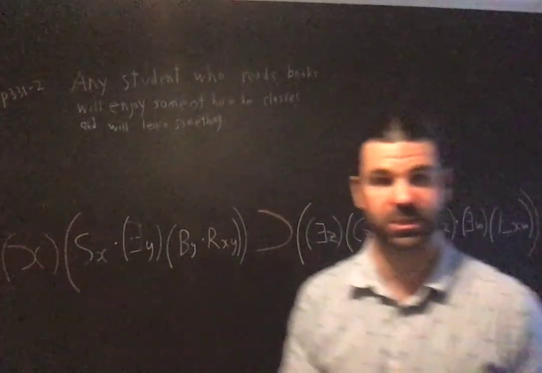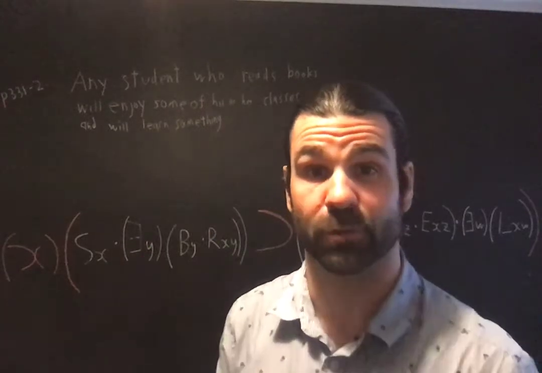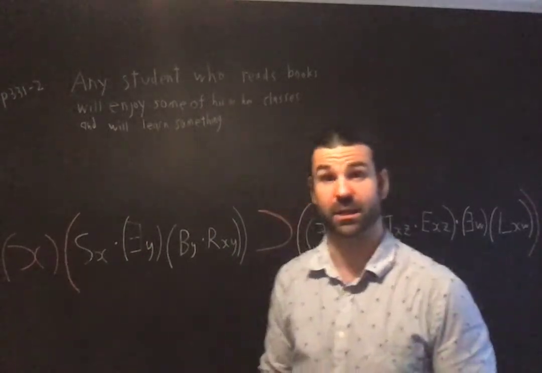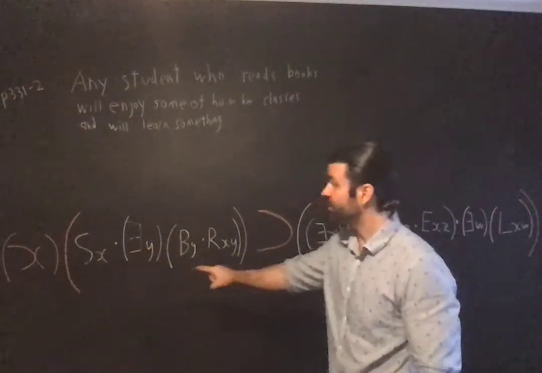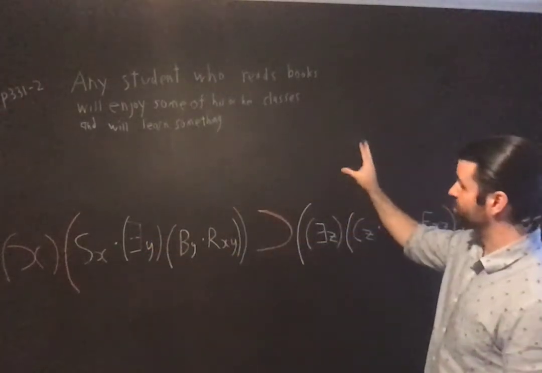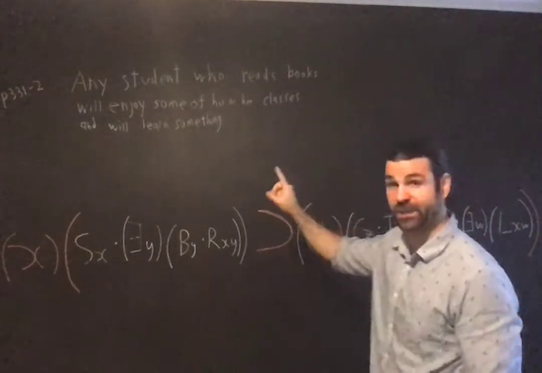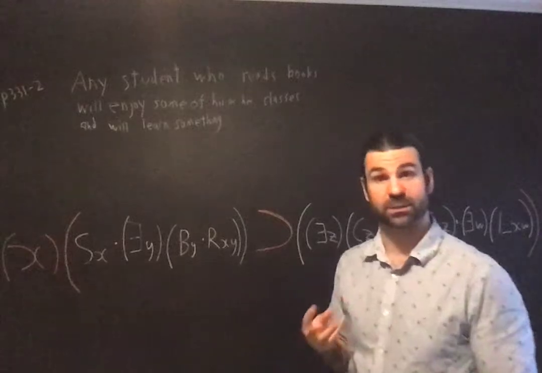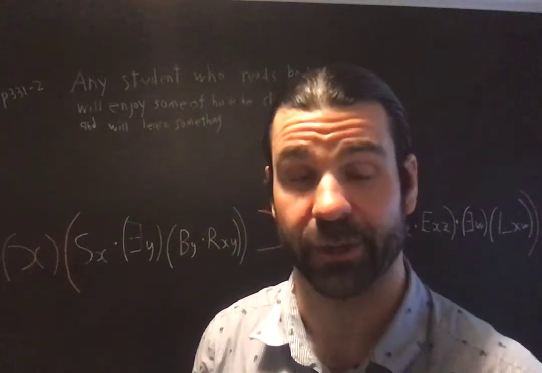So remember the strategy. One, identify the overall form and put that overall form down first. Okay, so that's what I've used red for. Any student who reads books will enjoy some of his or her classes and will learn something. You must grasp that first and foremost as an A form categorical.